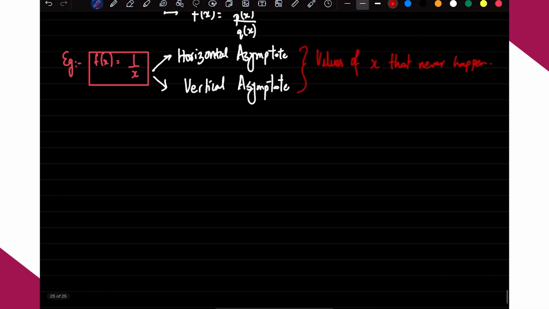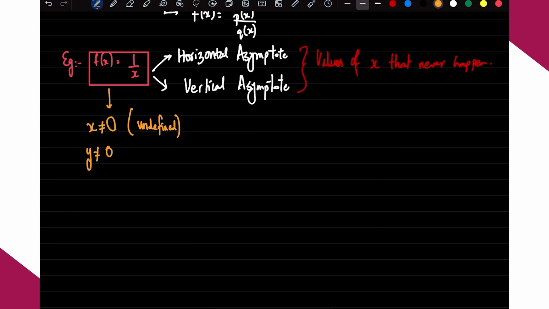So for example, in this case, this function, x cannot be equal to 0. Otherwise, this becomes undefined. Similarly, there are values for which x never reaches a value of y, no matter how much you try. It turns out that for this particular function, y never is equal to 0.